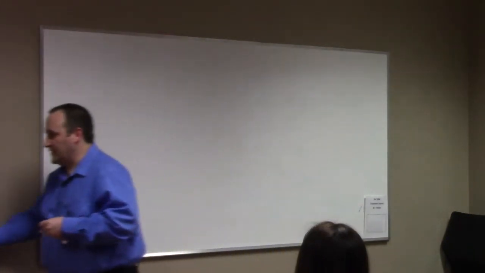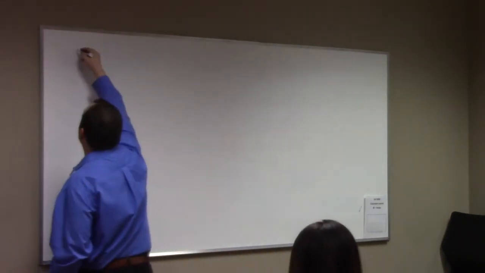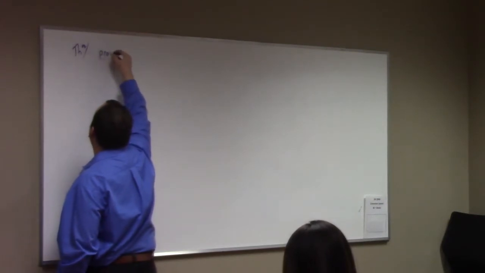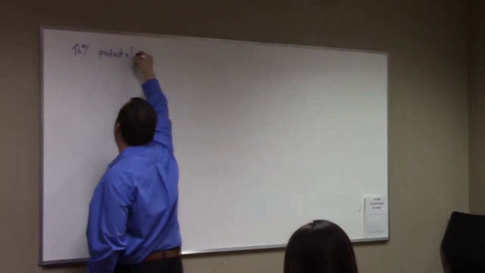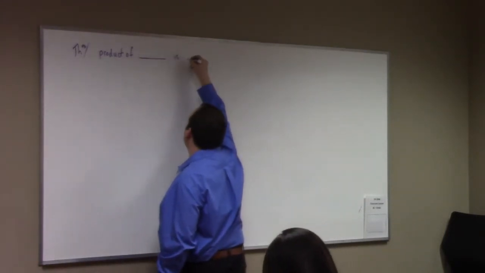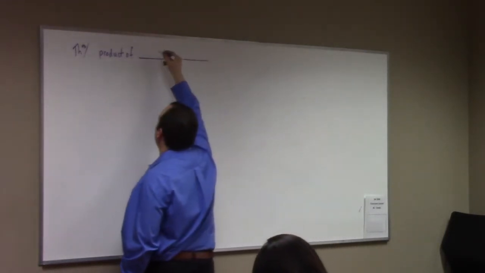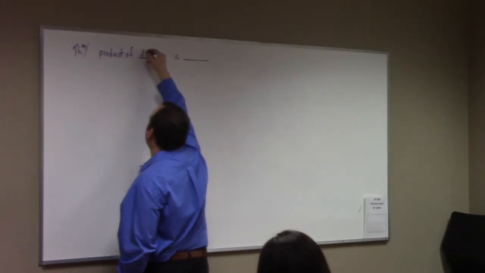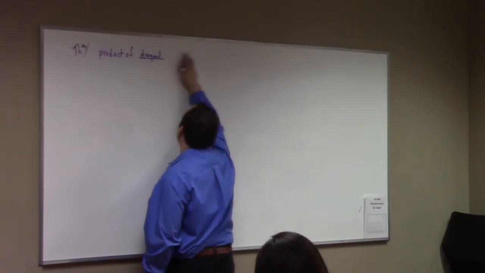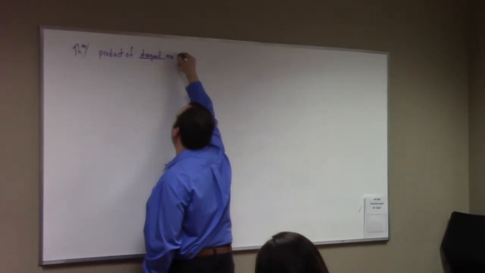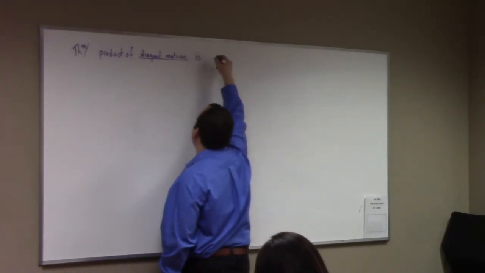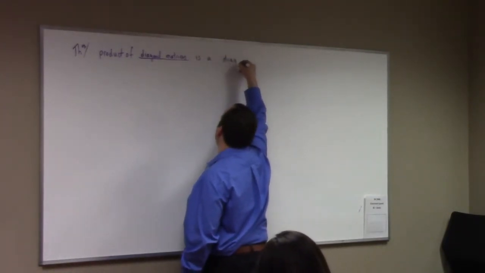We could prove, if we had time, a theorem: the product of blank is blank. In this blank, you could put diagonal matrices. The product of diagonal matrices is a diagonal matrix.